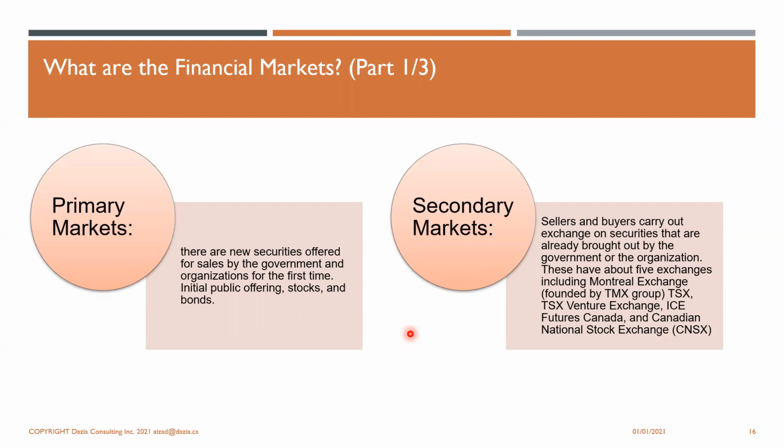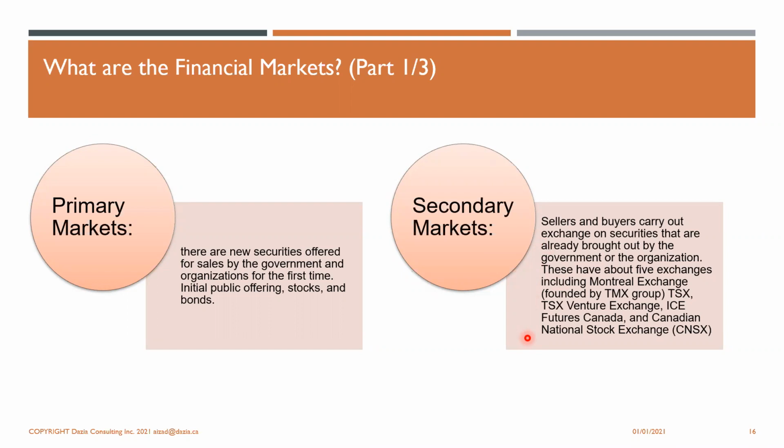And then the secondary market are the stock exchanges. We have 5 stock exchanges here in Canada. There's Montreal Exchange, Toronto Stock Exchange, TSX Venture, the ICE Futures, and the Canadian National Stock Exchange. These are the different exchanges here, and those are the secondary market. There, the investors are trading between each other.